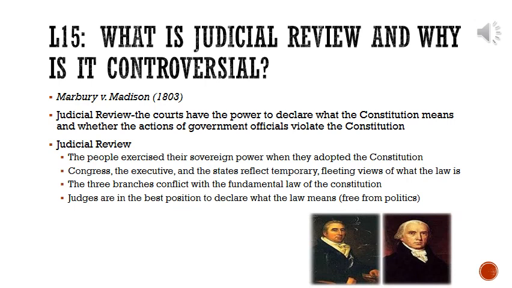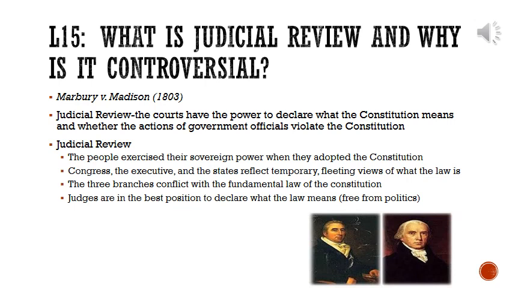So what does judicial review do? The people exercise their sovereign power when they adopted the Constitution. Congress, the executive branch, and the states reflect temporary, fleeting views on what the law is. The three branches conflict with fundamental law of the Constitution, and judges are in the best position to declare what the law means because they're quote-unquote free from politics.